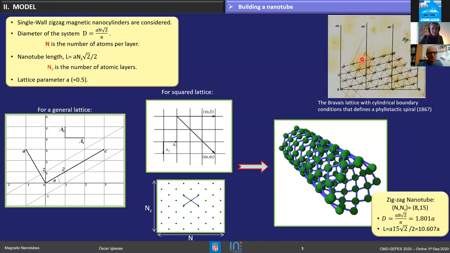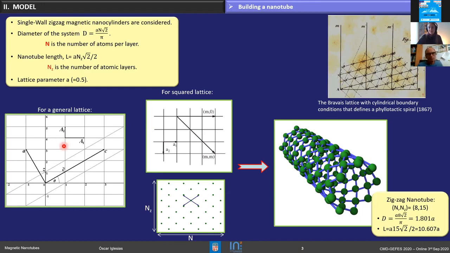Instead of giving an introduction on nanotubes, which would take me half an hour, and since I think you all know what a nanotube or nanowire is, I will only mention how to obtain a nanotube, which will be the object of study of today's talk.